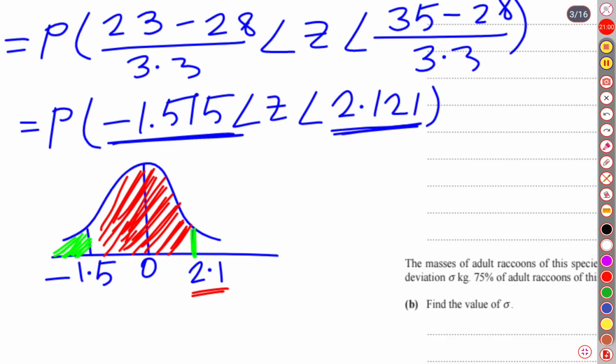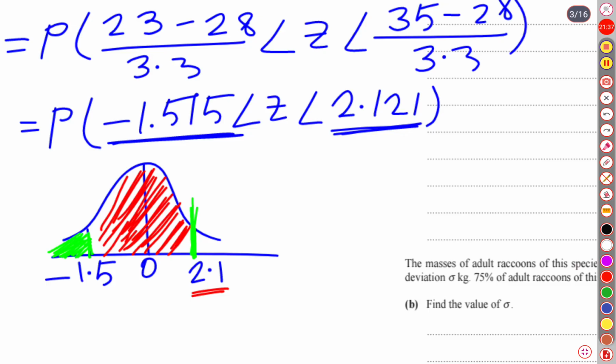Once again I am repeating. We require the probability of this red shaded region. First of all, we will find the whole area until this portion when the z score is 2.121. After that, if we subtract the z less than this portion, we will get the red shaded region in between them.